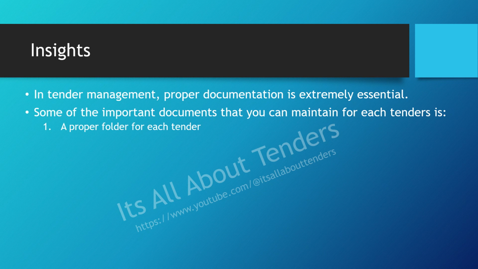Then I have a bid opening folder. After bid opening, if there is a BOQ of the competitors, I save it over there. Or a comparative statement that is given on e-procure and e-tenders, wherein you get a comparative statement of each bidder that has participated, at what rates, and if you are L1 or L2, those ranks are given.